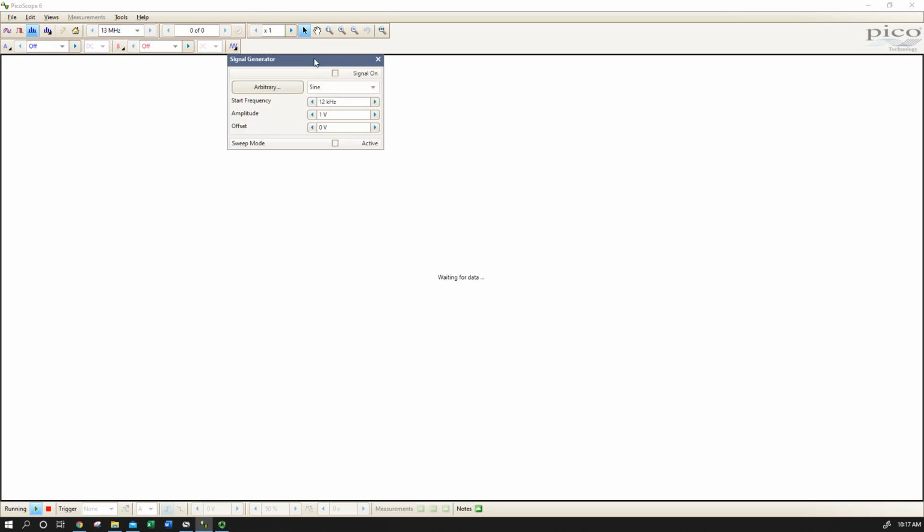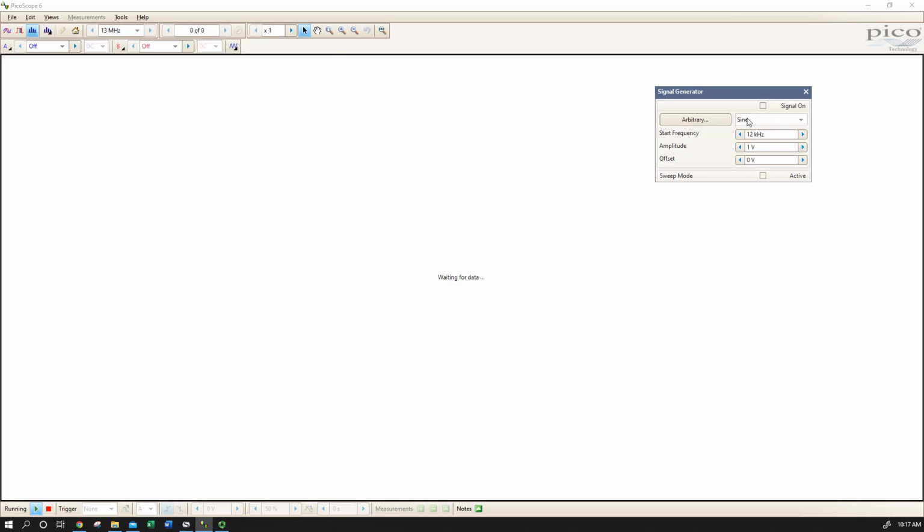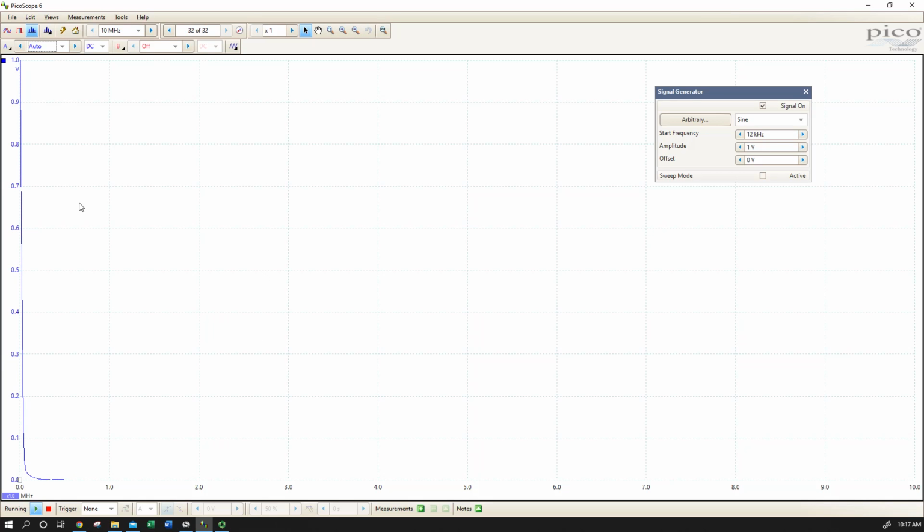So the next thing we need to do is look at what frequencies we are going to look at. Right now our AWG is only going to give us a single frequency. Well, let's see how things look at that single frequency. So we're going to turn the signal on, and let's go ahead and turn on channel A to auto, and we don't see much.